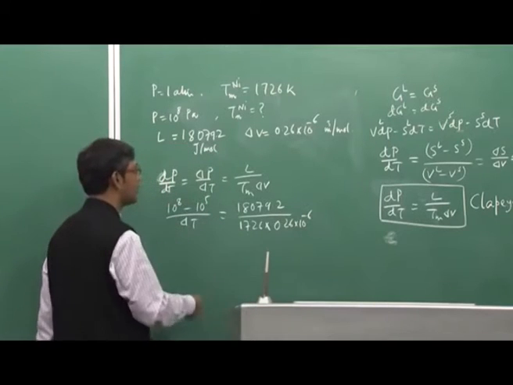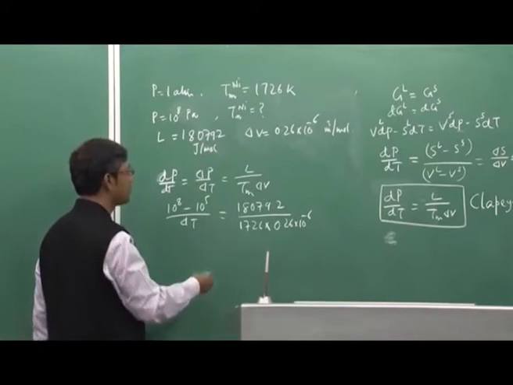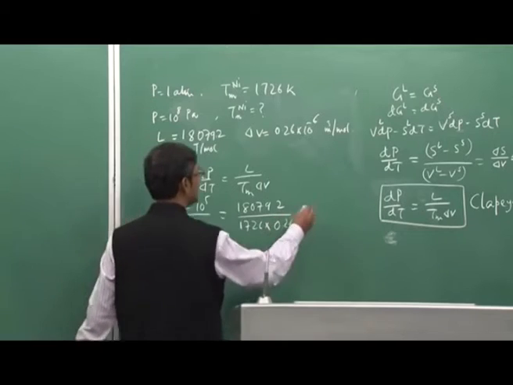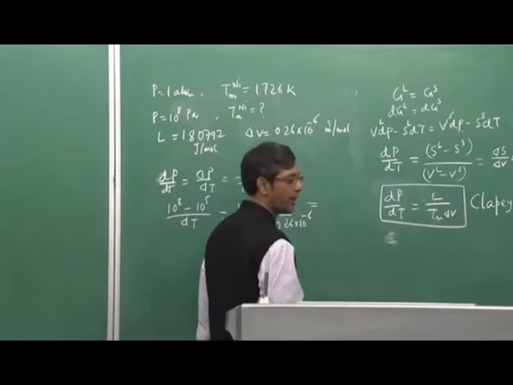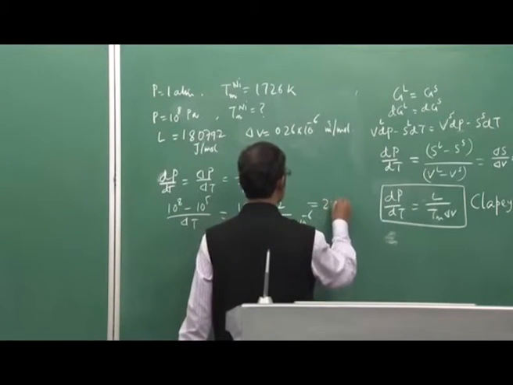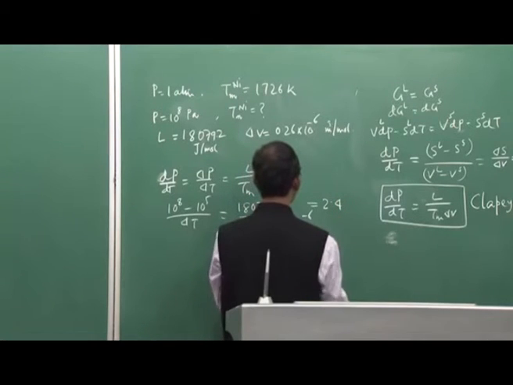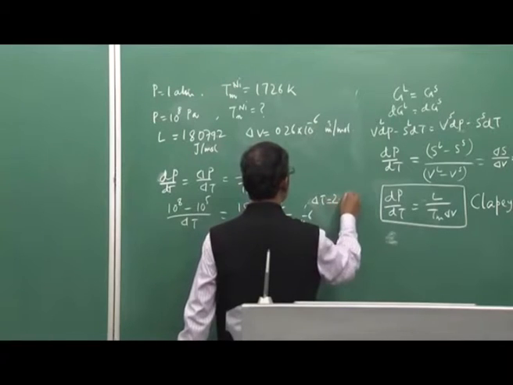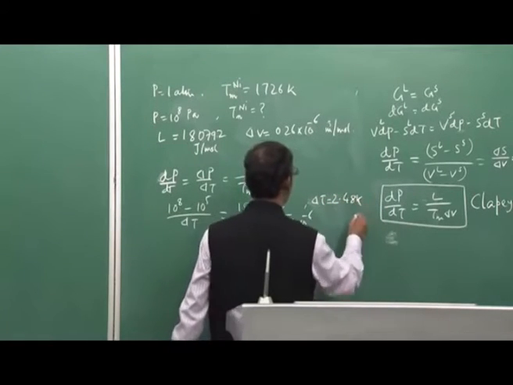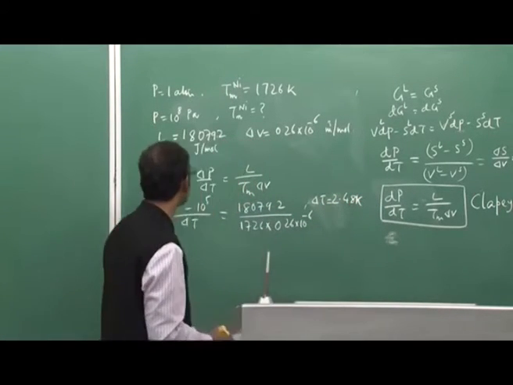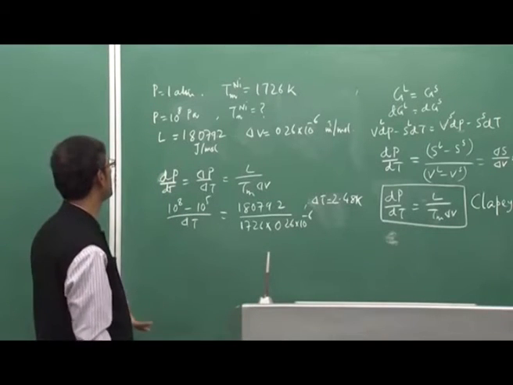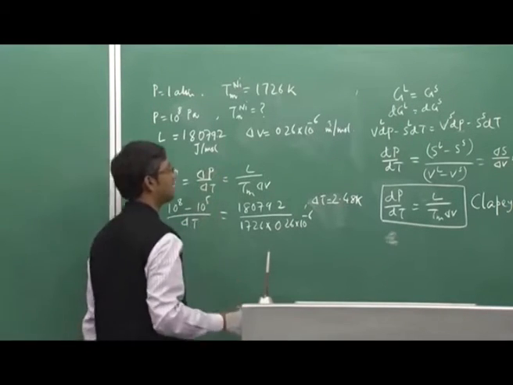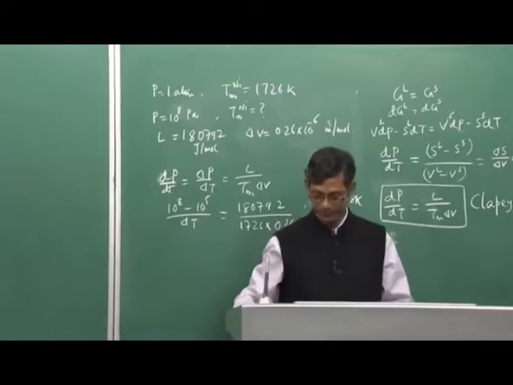You can put down all the units. The value which you will get is, I think, 2.48 Kelvin delta T. So delta T will be 2.48 Kelvin if you do the maths properly. That is how it can be solved. This is a very easy problem, very easy to test one's knowledge on that.